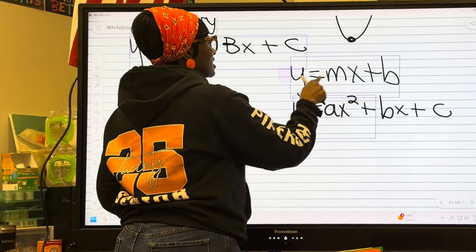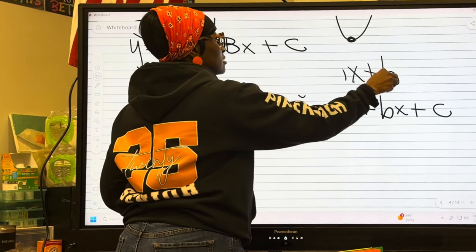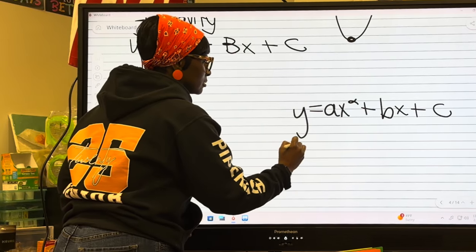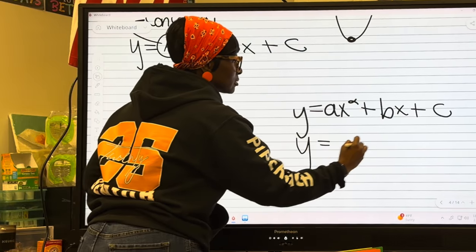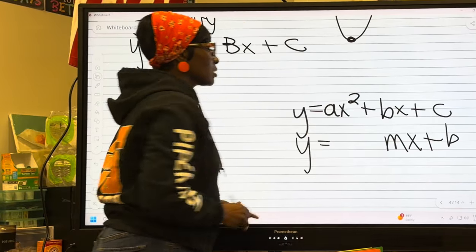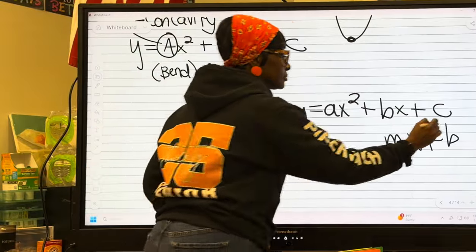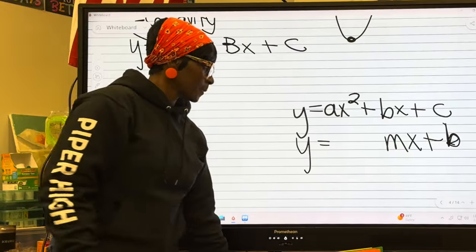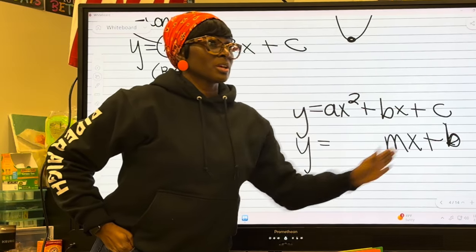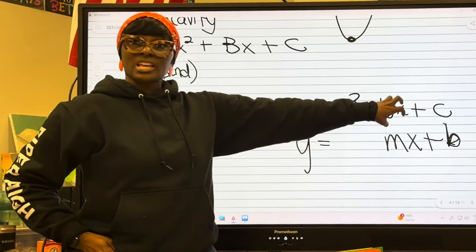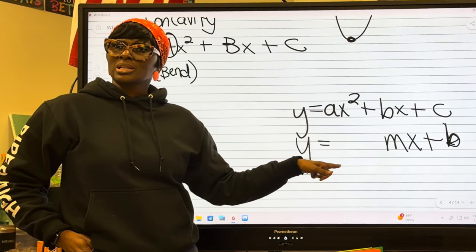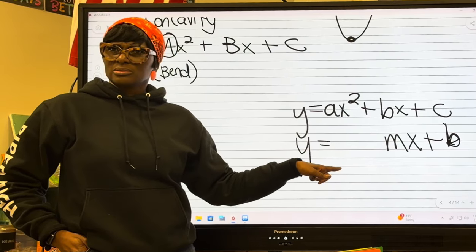If I take this and line it up, how do these two compare? They got some things in common. They both got a y-intercept, right? But what is it missing? It's missing the ax squared.